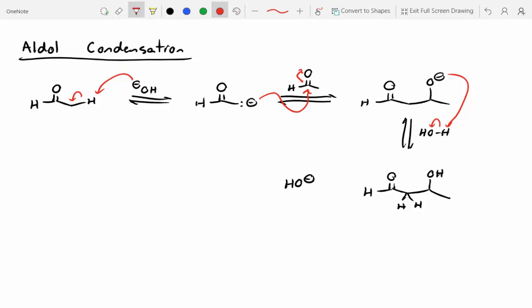So this is a weird example that breaks the rule that I told you before, that an alcohol is a terrible leaving group. In this case, it's an acceptable leaving group. So this will clamp down and kick off our alcohol, and this acts as a leaving group. This is the only case, at least in this class, where an alcohol is an acceptable leaving group.